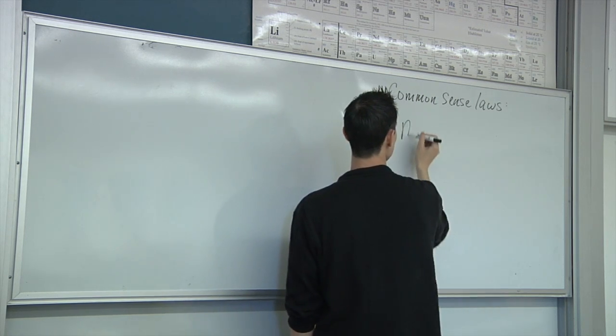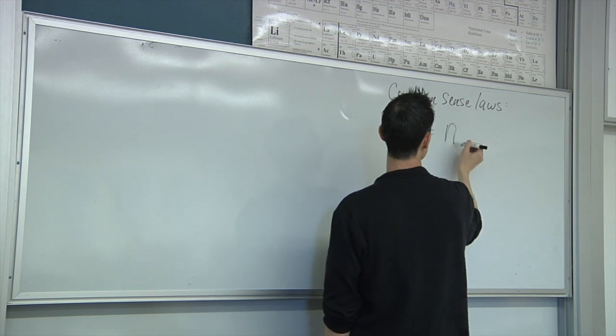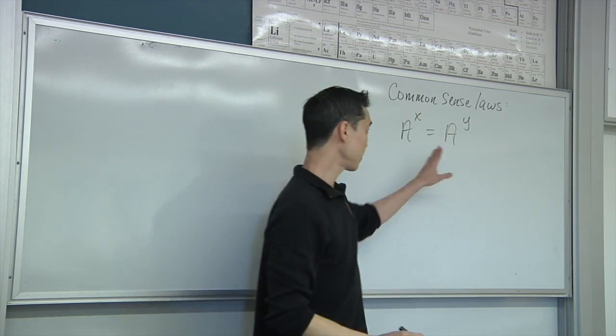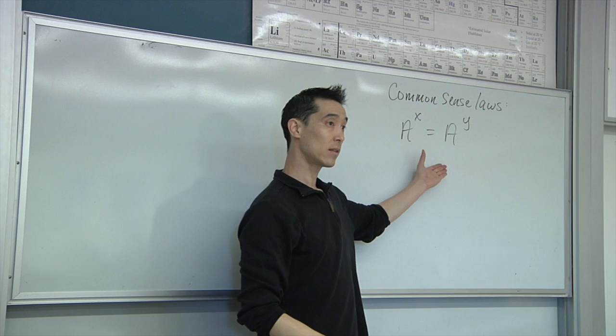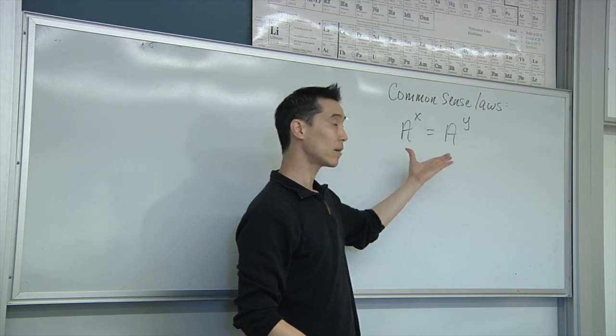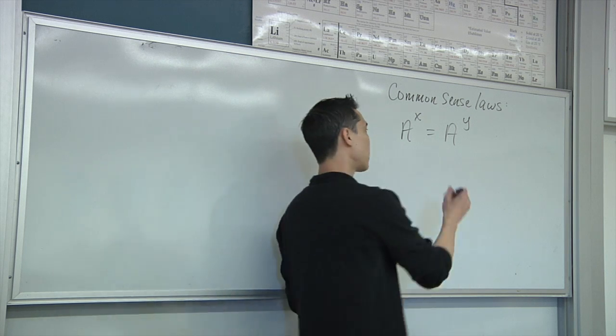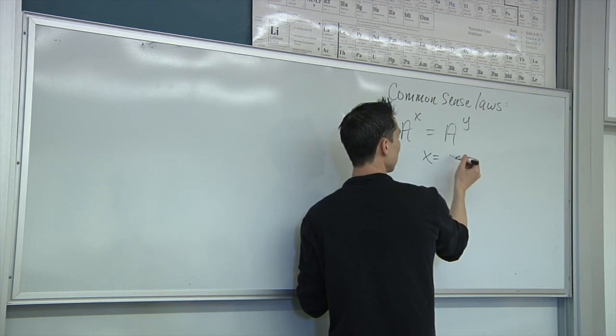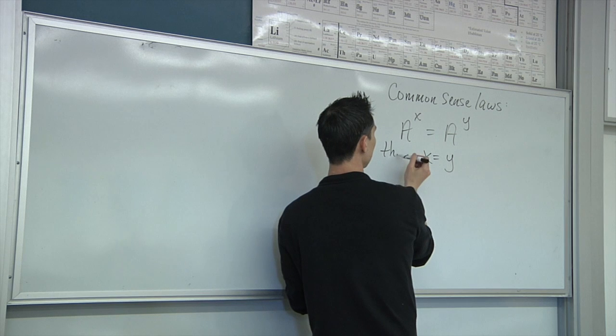If you have a to some power equals a to some power, they both have the same base, then the only way that this is going to be true is if those powers equal each other. Then x equals y.